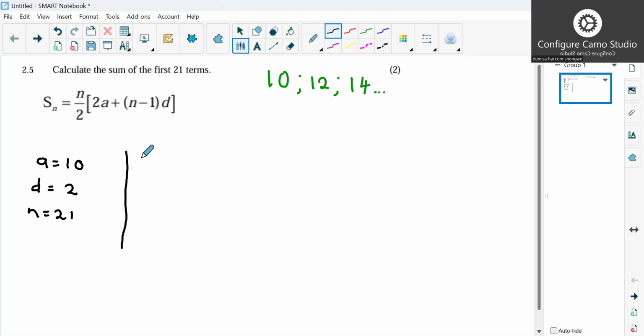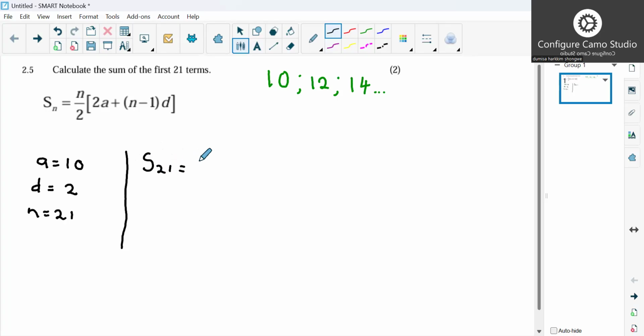Next step, we're going to substitute the information into the formula that we have here. It says S, and instead of n, guys, we're going to put 21, then equals.